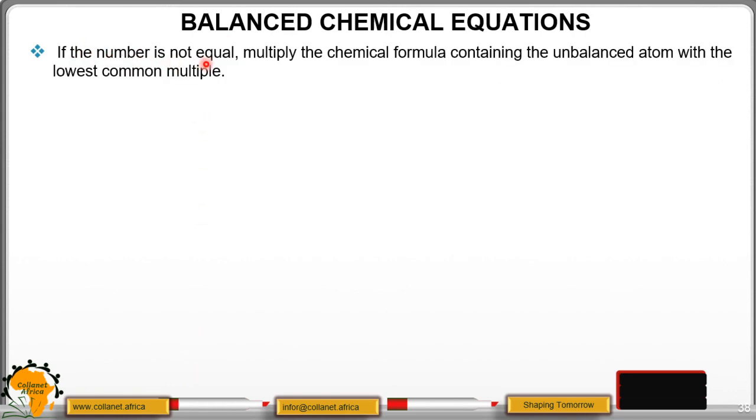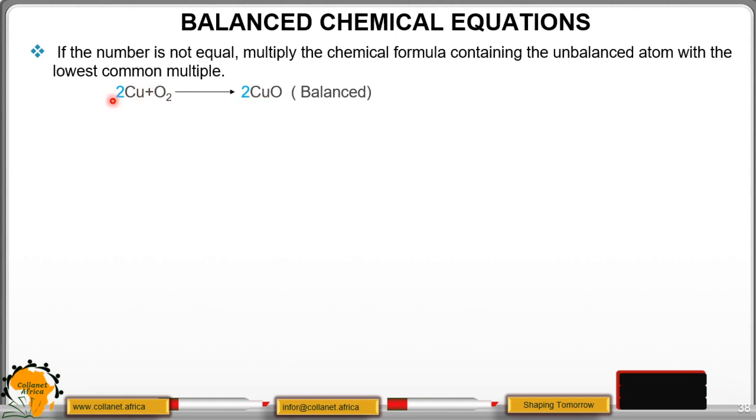If the number is not equal, multiply chemical formulas containing the unbalanced atom with the lowest common multiple. In this case we noted that oxygen was not equal to oxygen on the product side, so you multiply by 2 here, but now this changes the number of copper atoms.